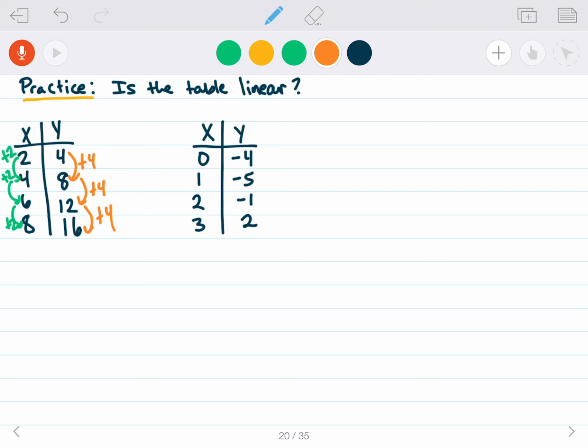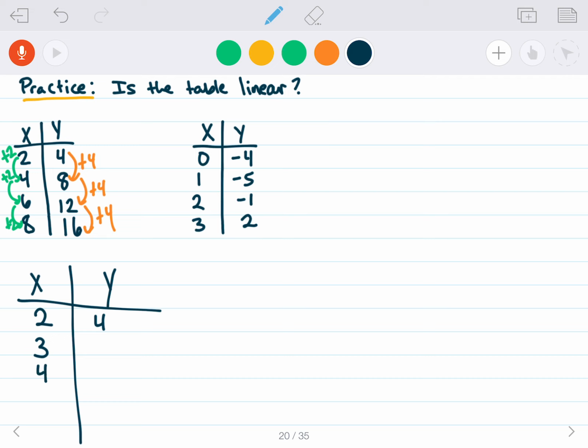So if you were to expand this table, 4 isn't the slope because we're not going up by 1s on the x's, but we can continue patterns, right? We can see the pattern that's happening here. When x is 2, y is 4, well, what's missing between 2 and 4 is x is 3, right? When x is 3, what do you think y is going to be?